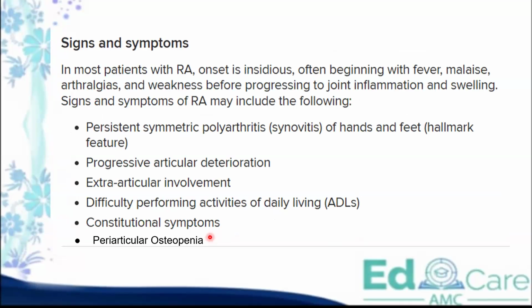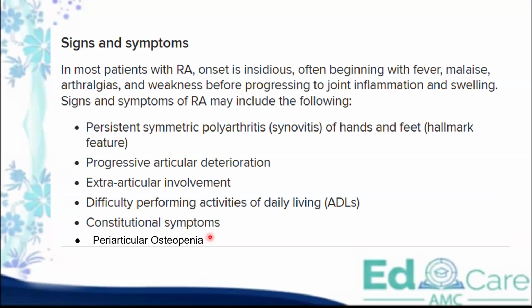Signs and symptoms: in most patients with rheumatoid arthritis, it's an insidious, so slowly progressive onset, right? And initially they will give generalized symptoms of fever, malaise, arthralgia, weakness, right? Then later on, they progress into this joint inflammation and swelling.